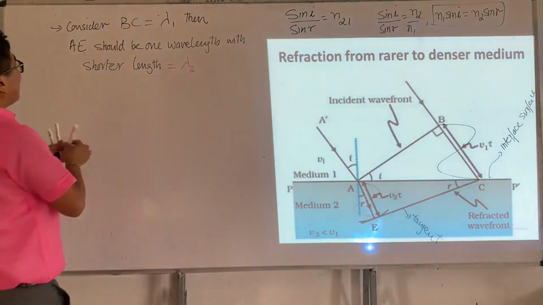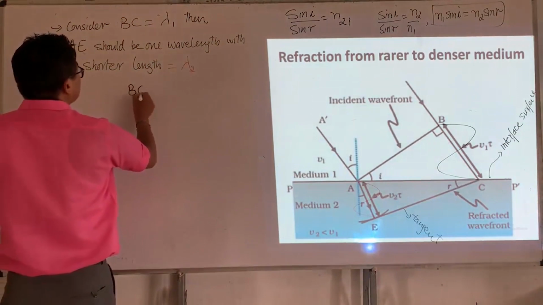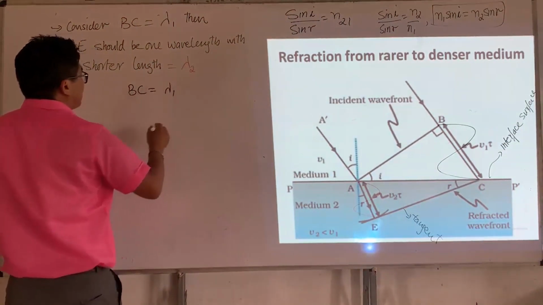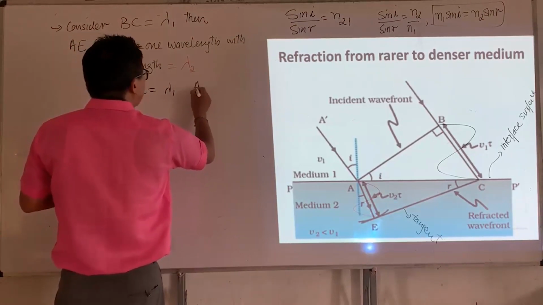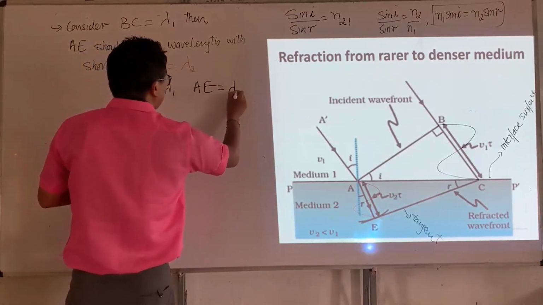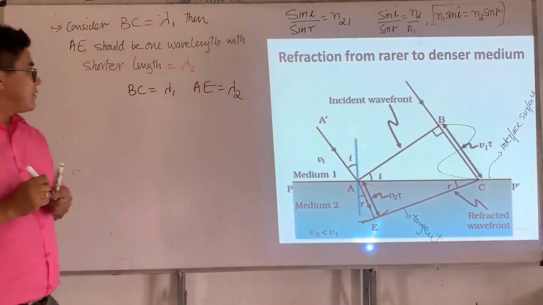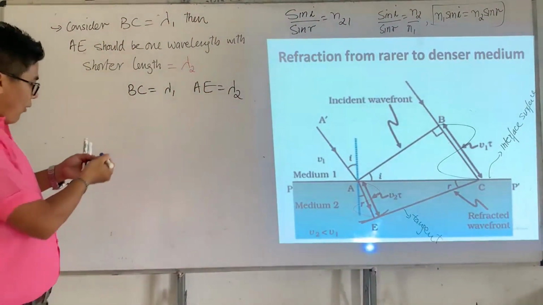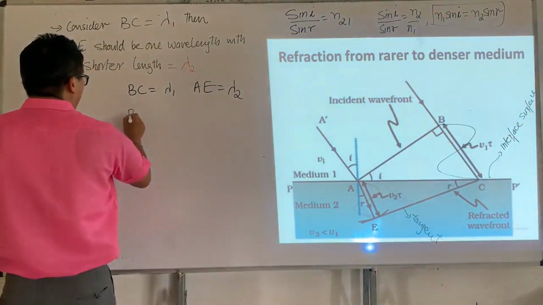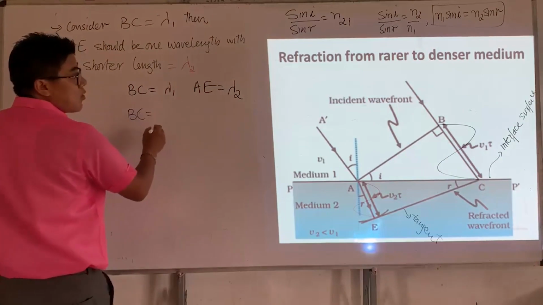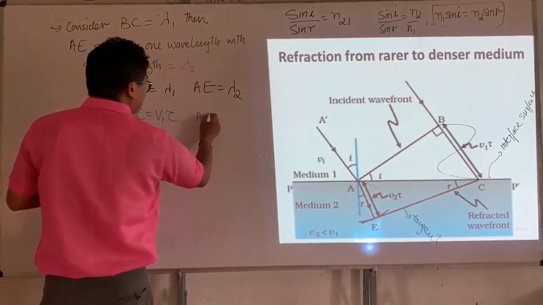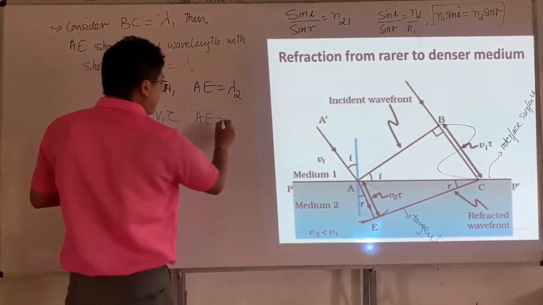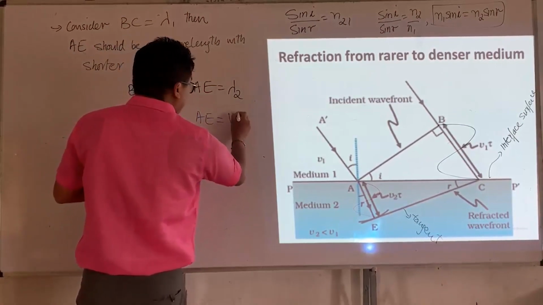So BC is equal to one wavelength, and AE is equal to another wavelength. Now what is BC? BC is equal to V1 tau, and AE is equal to V2 tau.